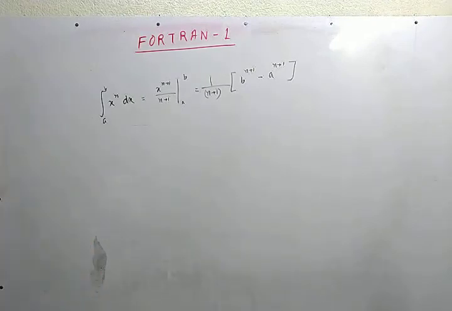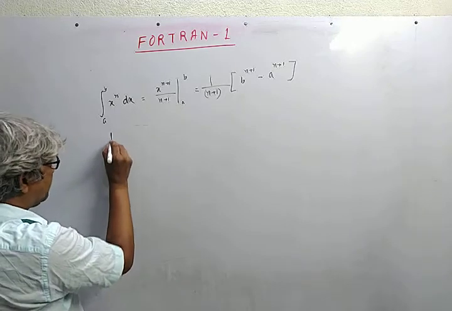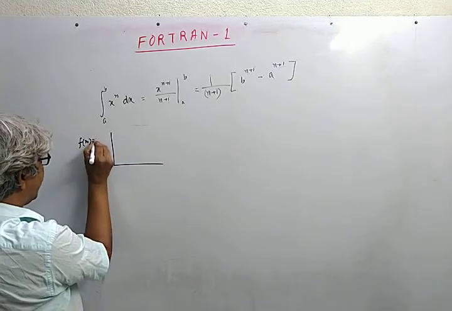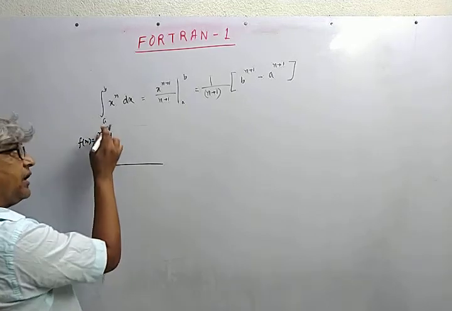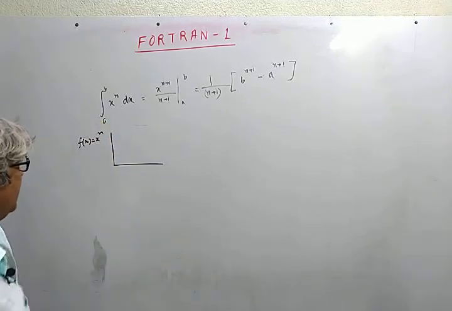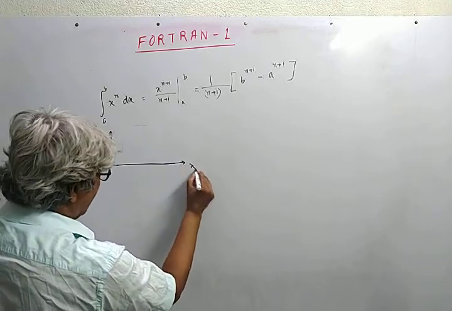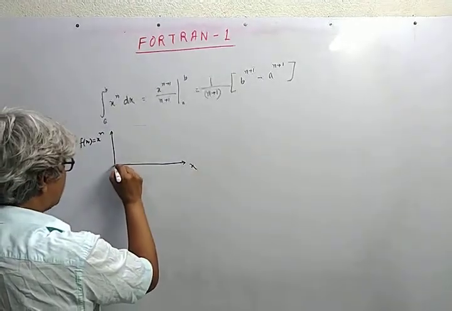If we try to represent it graphically, we have a function f of x equal to x to the power n. For n equal to 2 it is a parabola. So this is y and this is x, and the curve is of this sort.